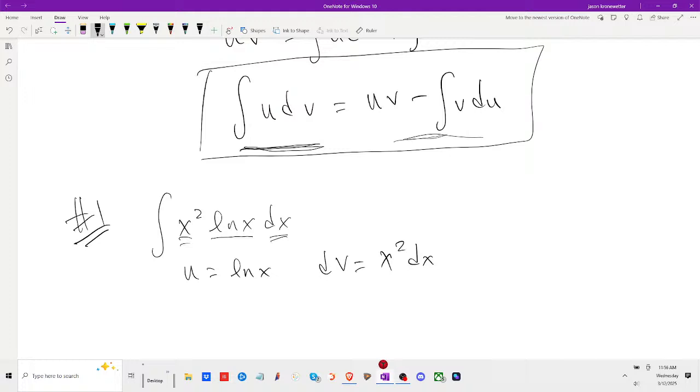Now I'm going to need v in my formula, and I'm going to need du in my formula, but I don't have those, and the way we get them is by doing the differentiation to get du, and that's going to be 1 over x dx. And then to go from dv to v, we're going to integrate, and that's where we get this integration by parts. We're doing part of the integration right now. So the antiderivative of x squared is x cubed over 3. I'm going to leave off the plus c.